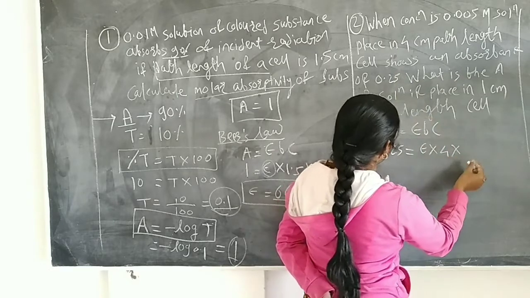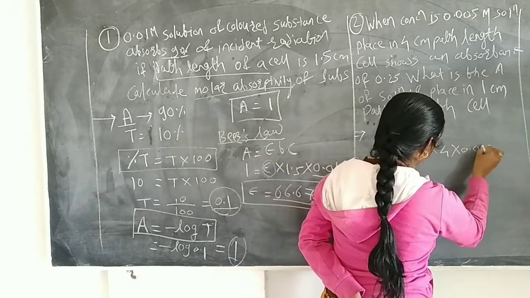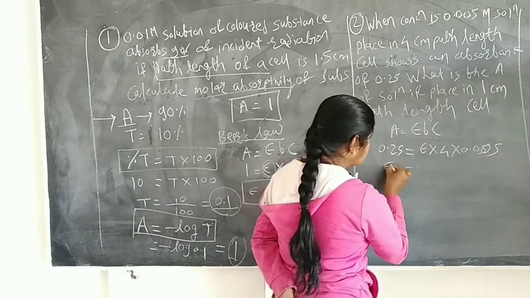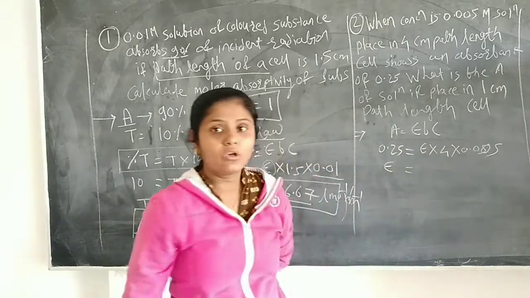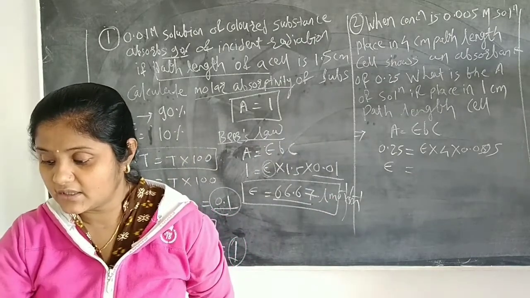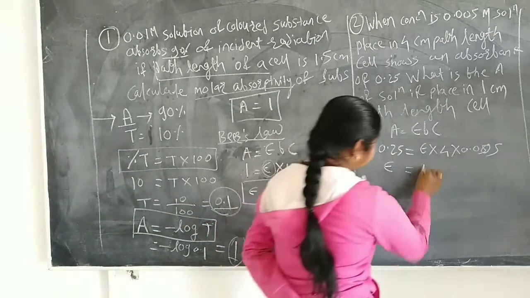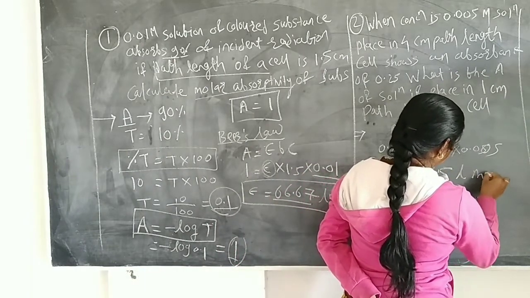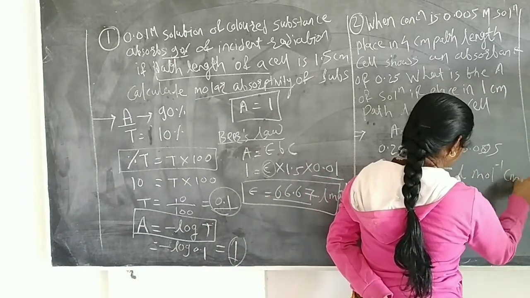The concentration of the solution is 0.005 molar. After calculating this formula, we get the molar absorptivity of the cell as 12.5 liter per mole per centimeter.